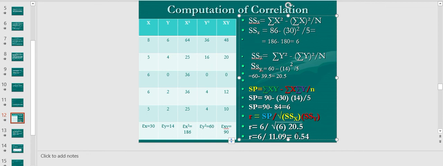Okay, this is the correlation for this set of data.